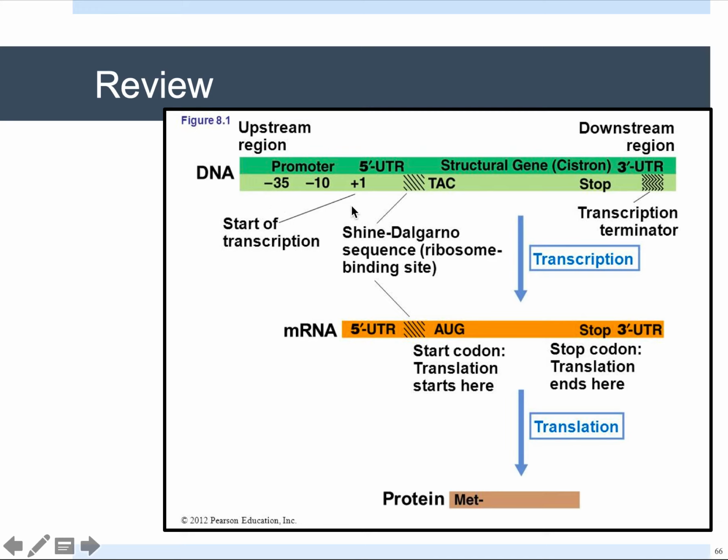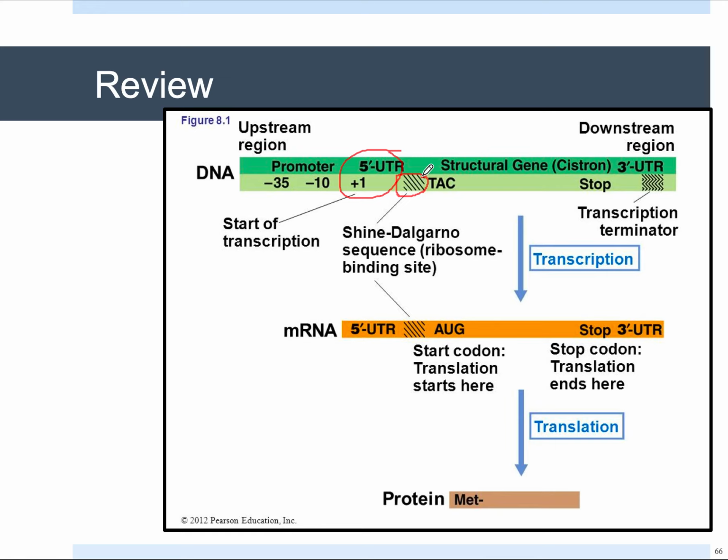For DNA in prokaryotes, you have a region called the untranslated region. You would have sequences of nucleotides which the polymerase will recognize and be able to bind to. And that area is called the Shine-Dalgarno sequence.